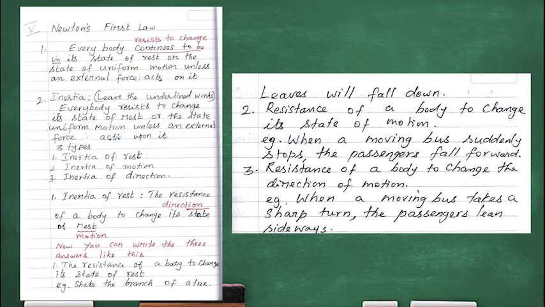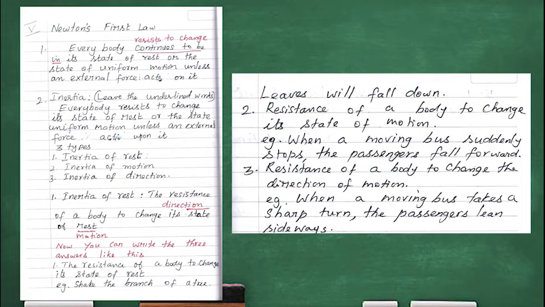There are three types: inertia of rest, inertia of motion, inertia of direction. Okay, then here also you have to explain what is inertia of rest. For that you learn the first answer alone, the rest of the answer will be in your hand. Okay, inertia of rest, what is that? Resistance of a body to change its state of rest. Already it is at rest. If you want to change, it resists. Okay, that is called inertia of rest.